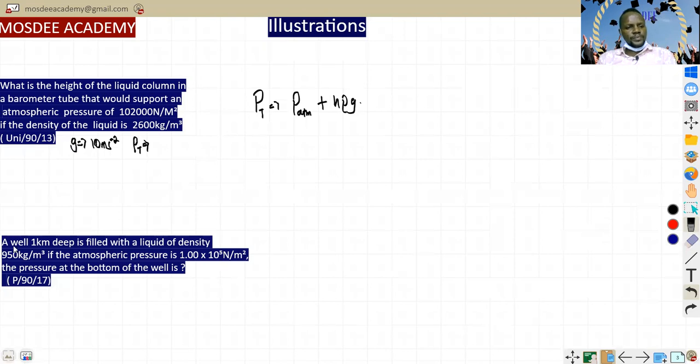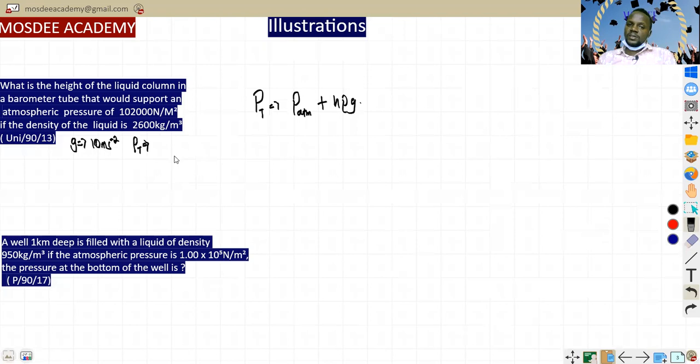So the second one says, a well 1 km deep is filled with a liquid of density 950 kilogram per meter cube. If the atmospheric pressure is this, the pressure at the bottom of the container is dash.